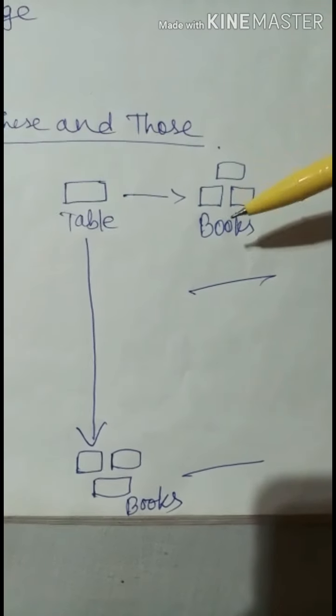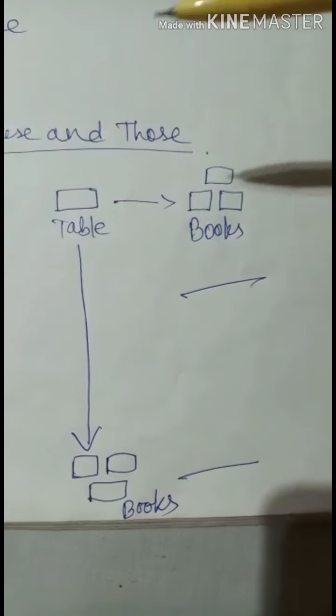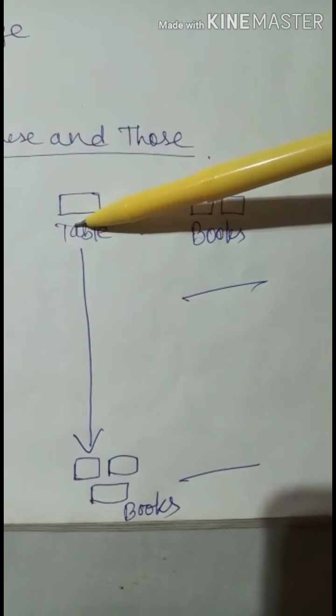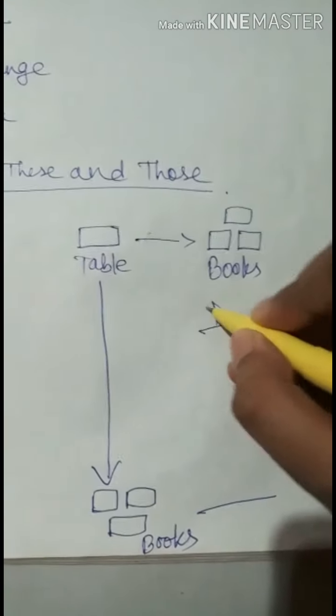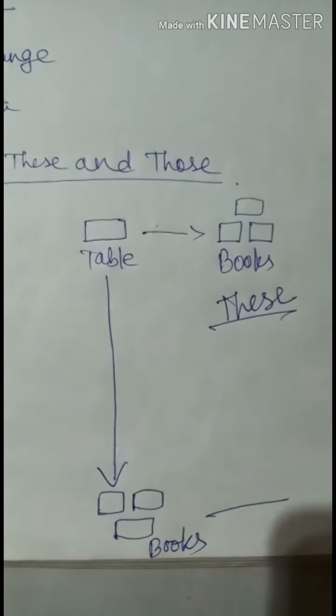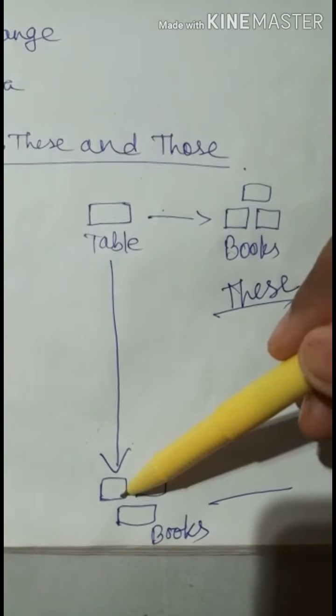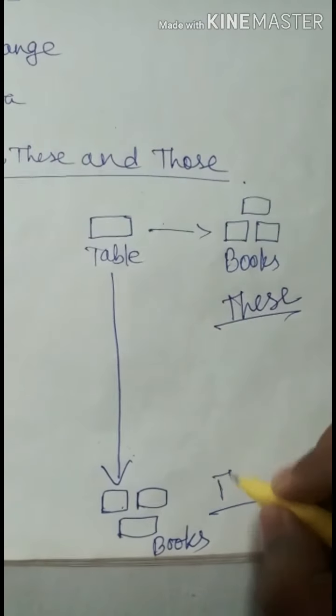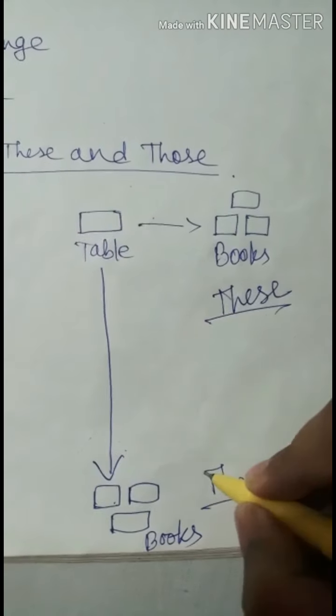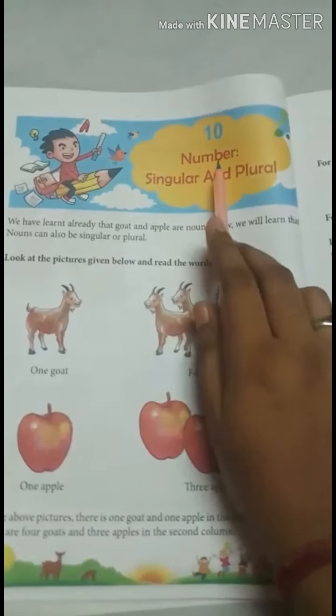When many books are near to this table, we place these. But when many books are far from this table, we place those.